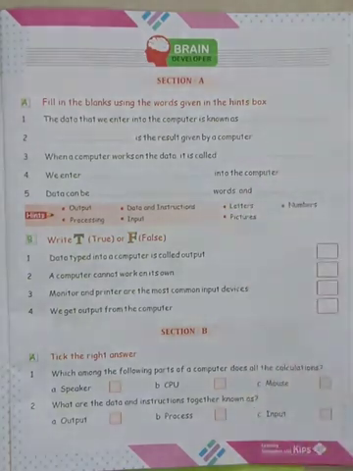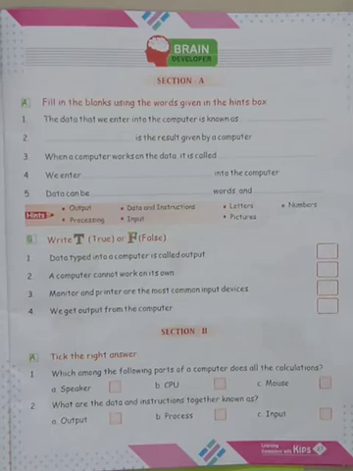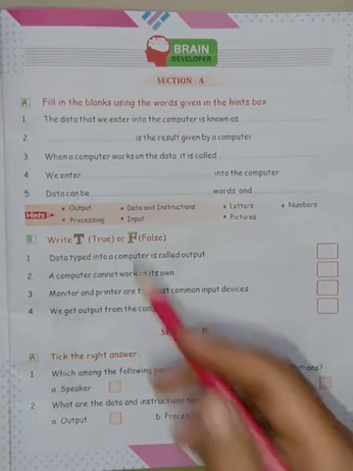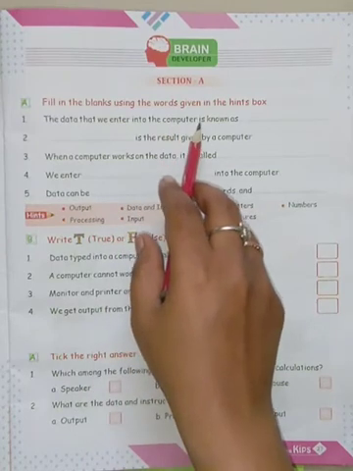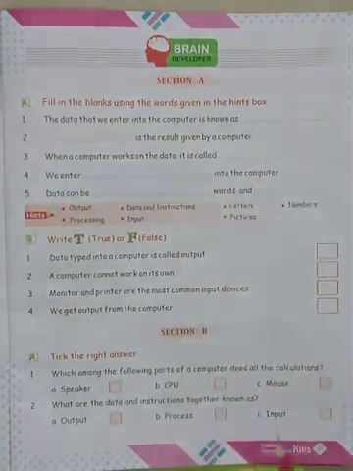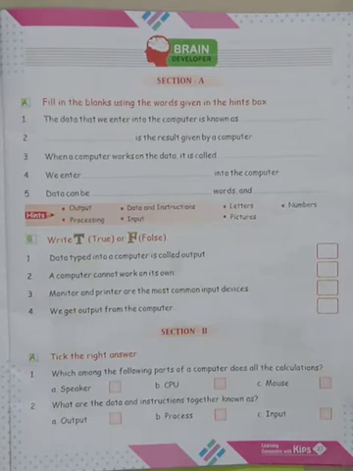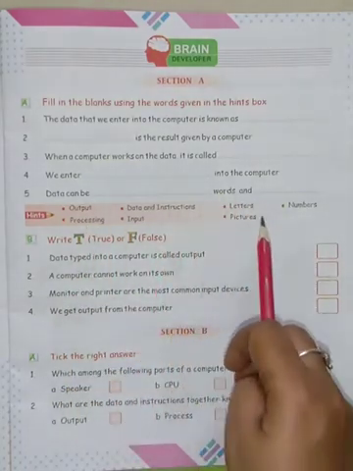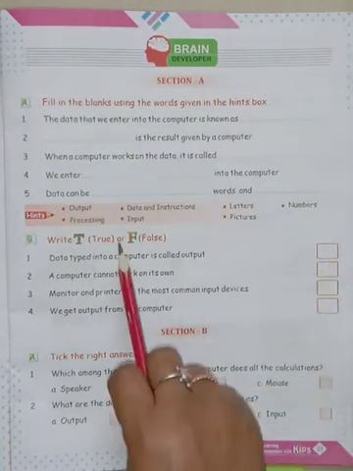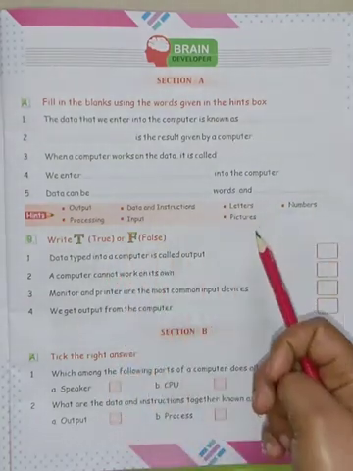Fill in the blanks. Let me read the first one. The data that we enter into the computer is known as dash. Whatever information or data is entered into a computer, what exactly is it called? Is it output, data and instructions, letters, numbers, processing, input, or pictures?